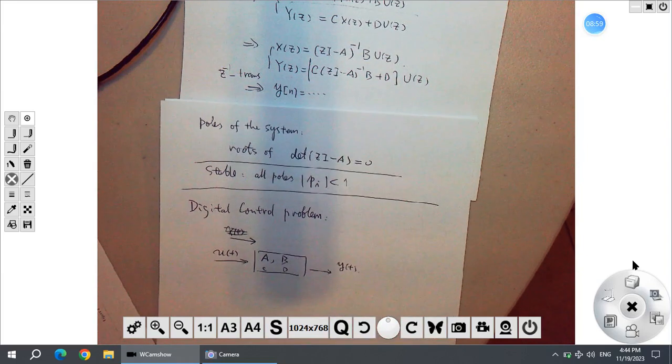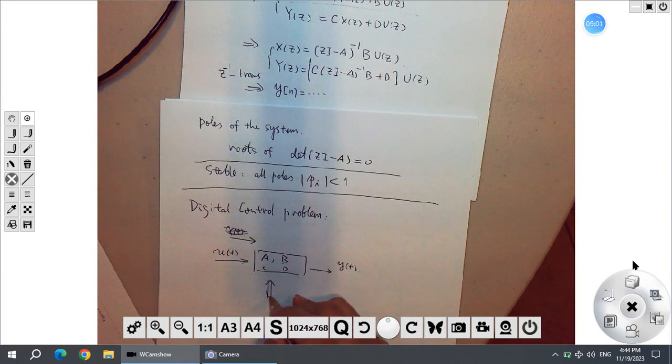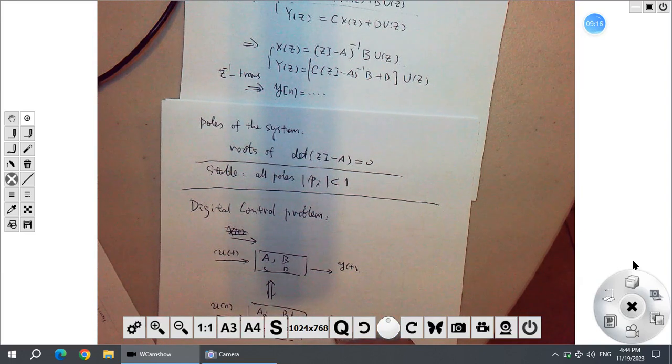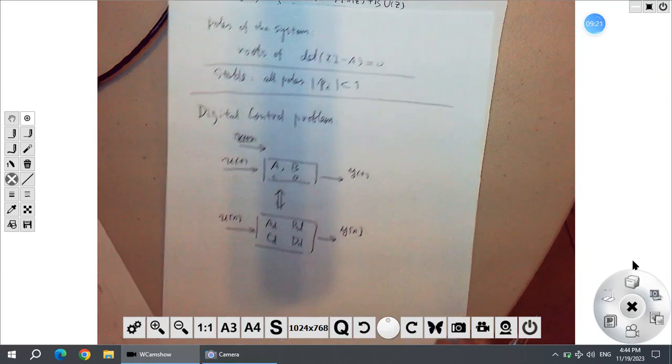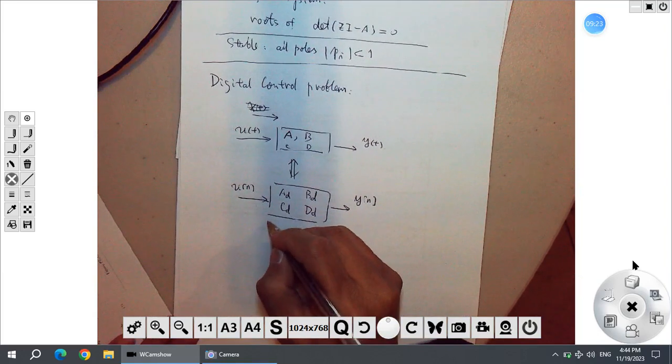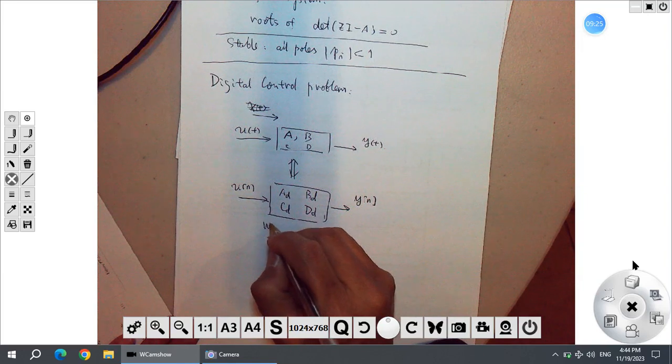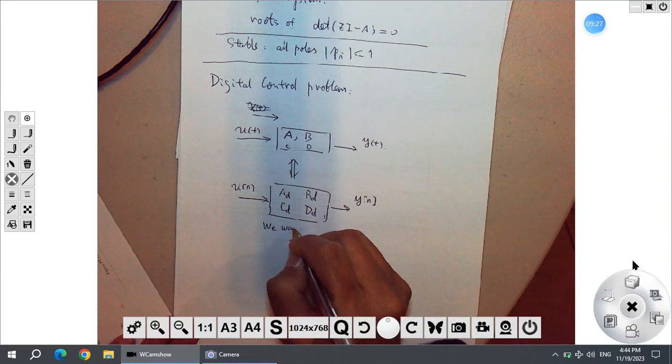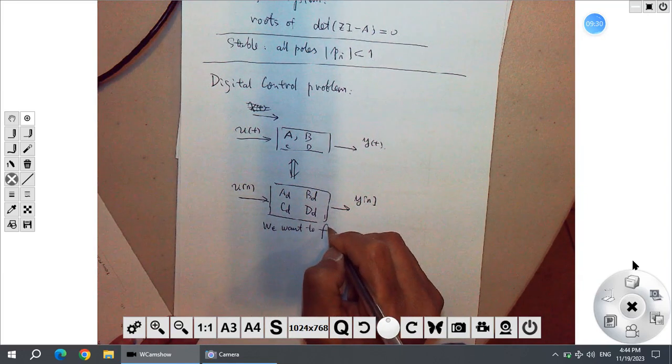Now we want to find A_d, B_d, C_d, D_d. This side is u of n, and the output side is y of n. We want to find this.